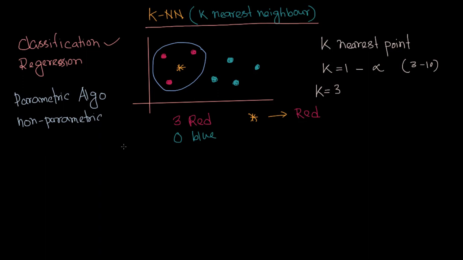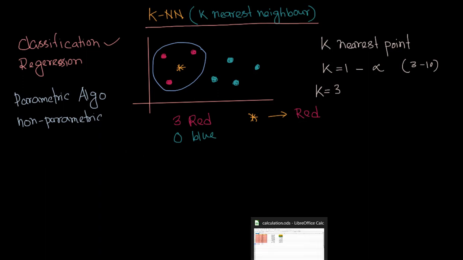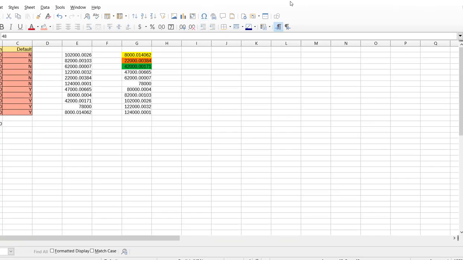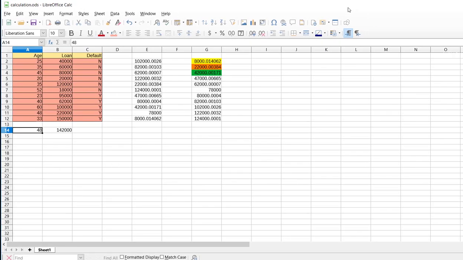Now let us take a real-world example, the one I just gave about age and the loan they have taken, and whether they default or not. For that we have a data set. We have age in years, loan in dollars, and whether they have defaulted or not.